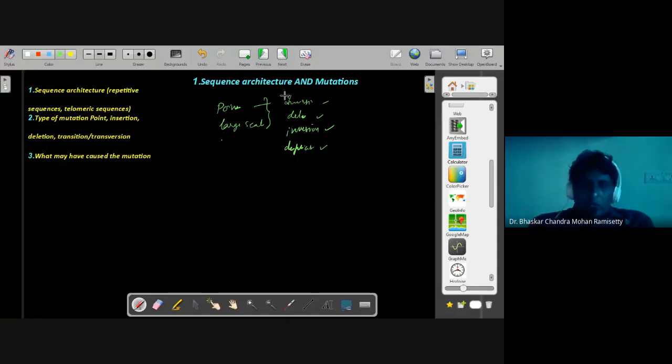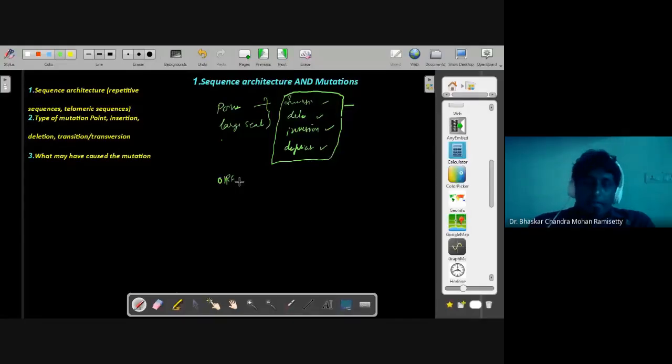And this is at the level of DNA. We are not talking about what happened to the information. We are talking in terms of the physical molecule, what all happened: insertion, deletion, inversion, or duplication, and so on. There are also other things that can happen. Because of these changes, there is a possibility that the information is changing.